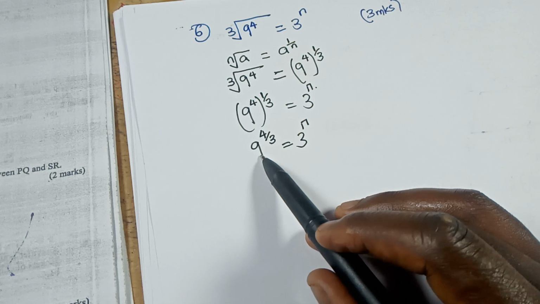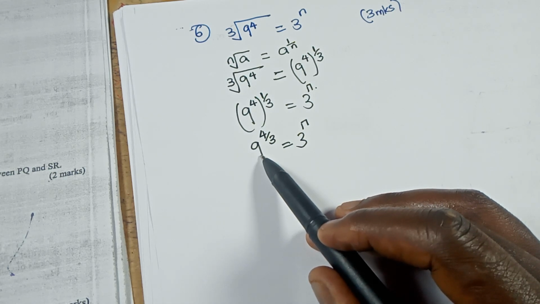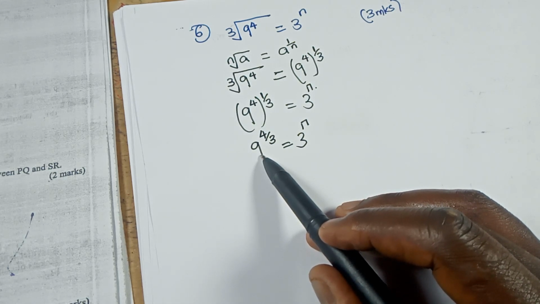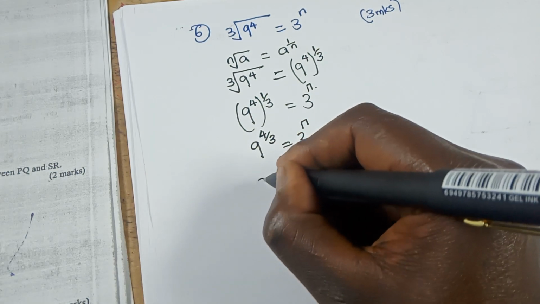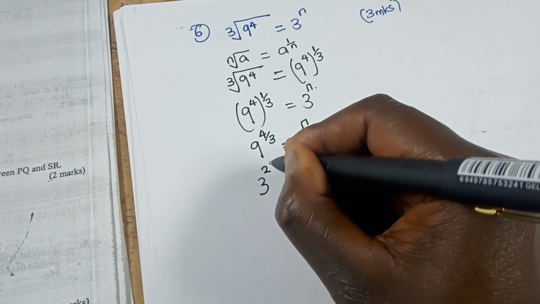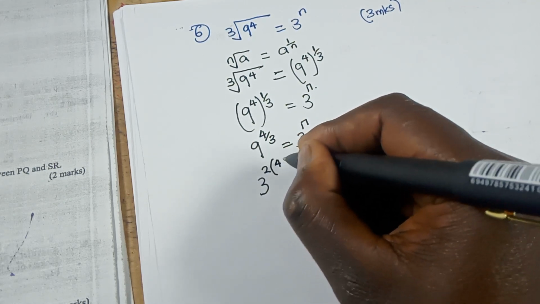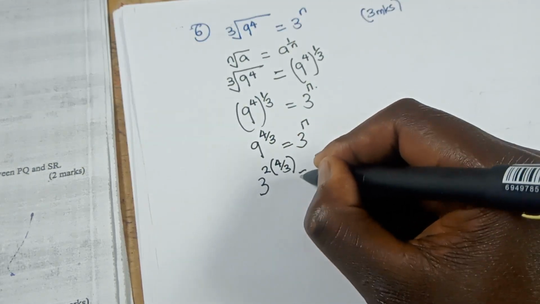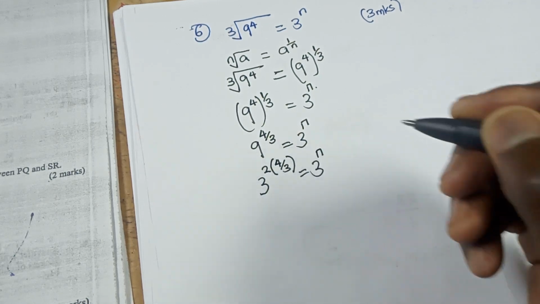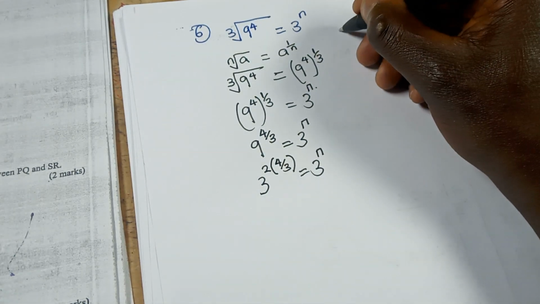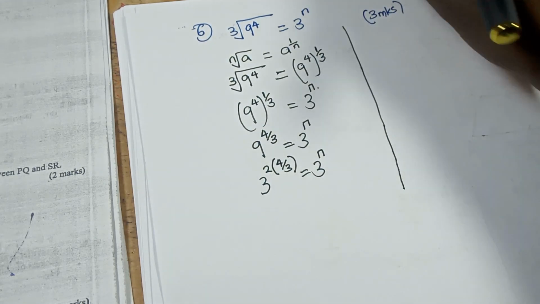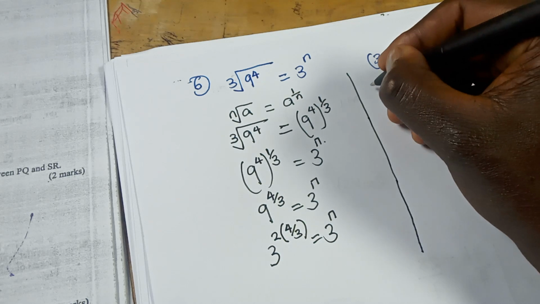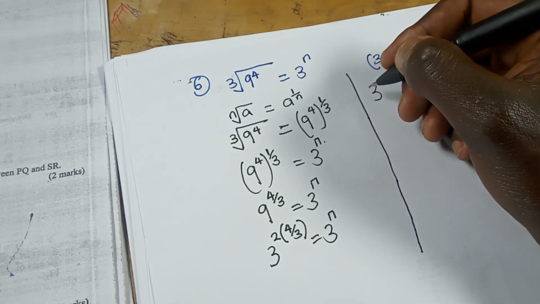We can write 9 in exponent form, it is going to be 3 to the power 2, to the power 4 over 3, is equal to 3 to the power n.